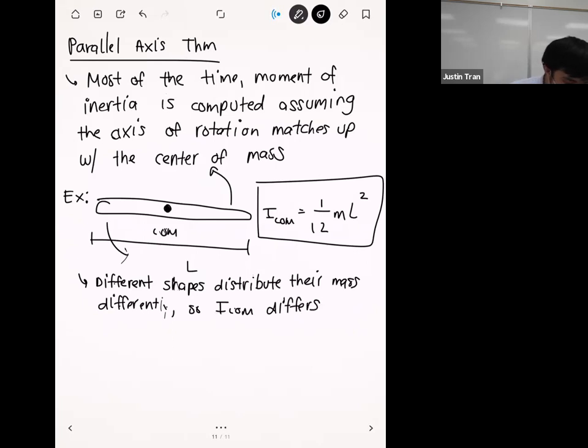All right, and so if we're rotating about our center of mass, that's a simple thing to do.